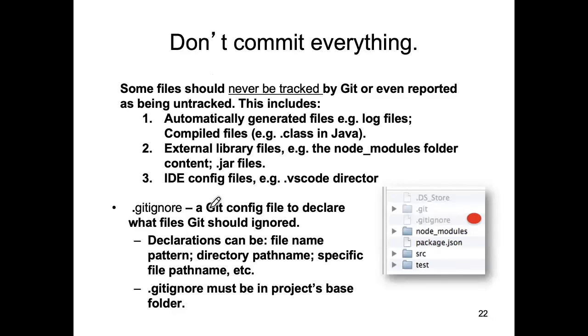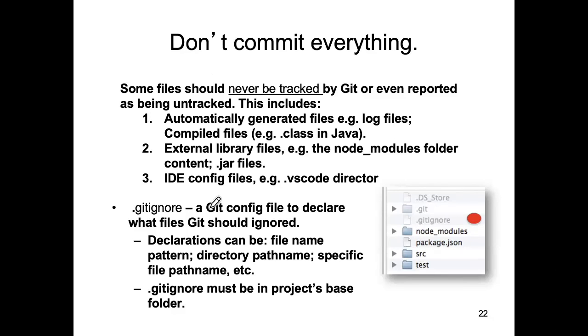The next point is you shouldn't commit everything to the repository. Any files that are generated by other tools that you're using, for example, if you're developing a Java project and the compiler generates .class files, you should never commit .class files to the repository.